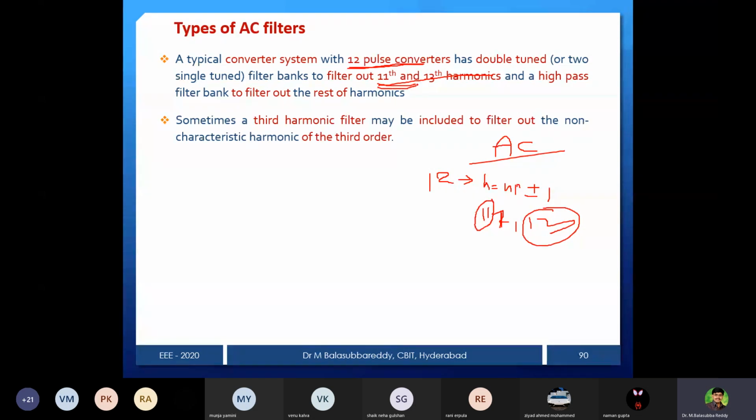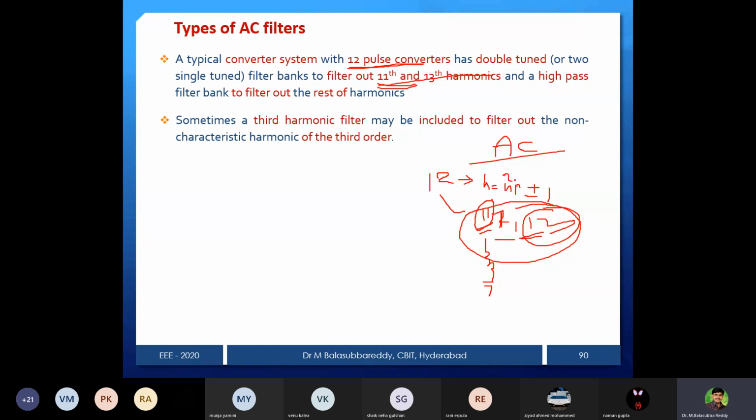These are going to be eliminated by making use of tuned filters. I need to remove these two, the 11th and 13th. So we can make use of a double tuned filter to suppress the 11th as well as the 13th, or you can use two single tuned filters to suppress the 11th and 13th order harmonics. For the rest, if N is 1 we get the 11th and 13th.